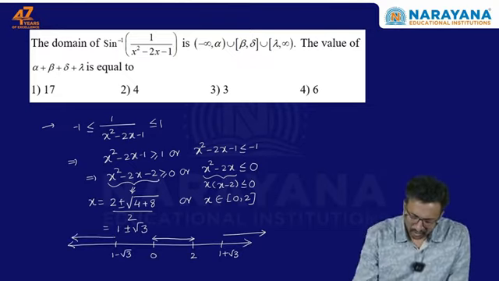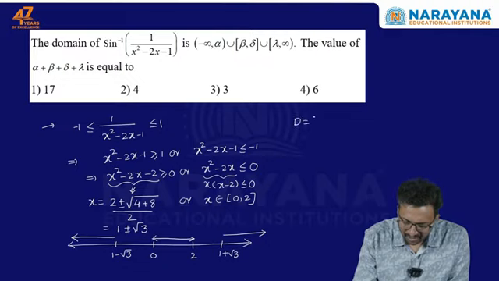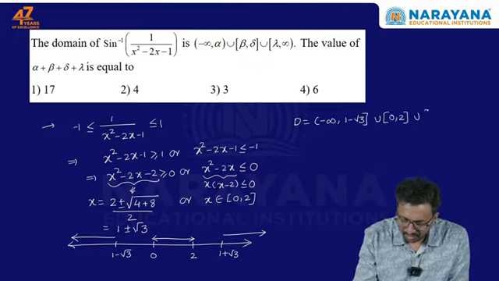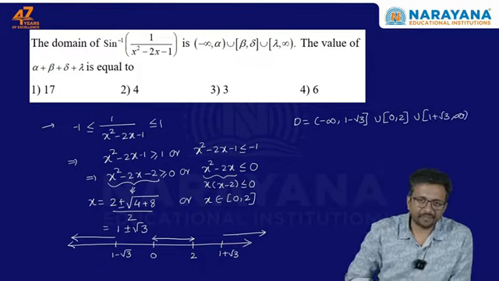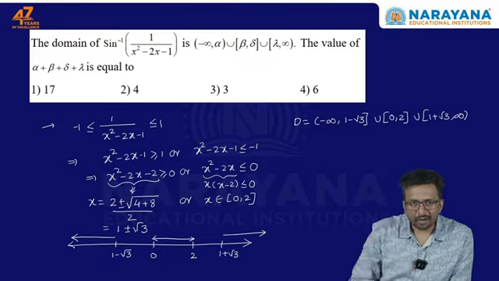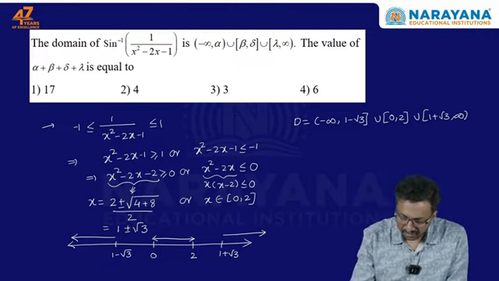So what is the complete domain? The domain is minus infinity to 1 minus root 3, union 0 comma 2, union 1 plus root 3 comma infinity. So it's exactly of the form that is given in the question.